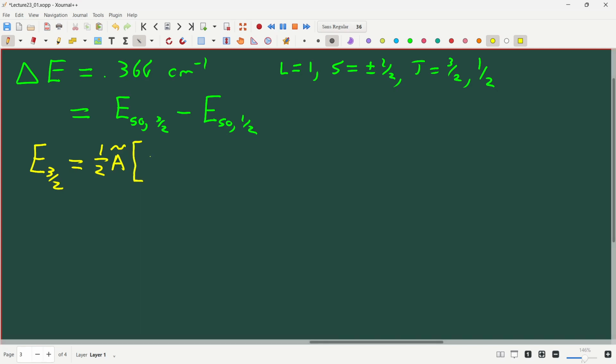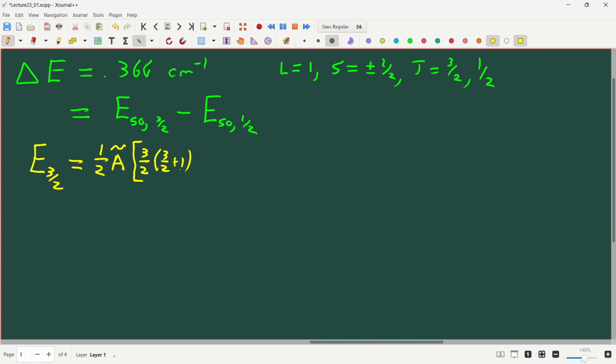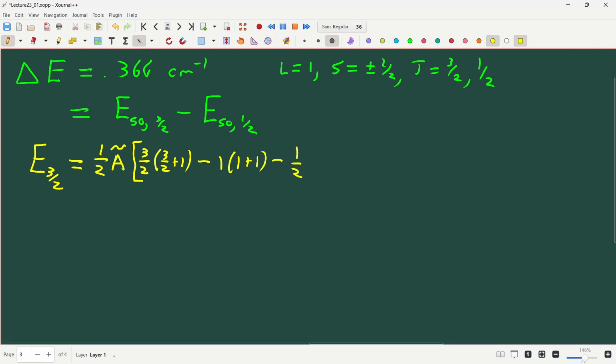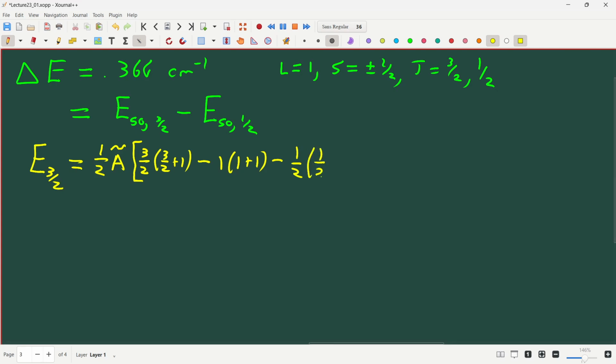And this number comes out to, first we put in J. It's J times J plus 1, minus L times L plus 1, minus S times S plus 1. So we have 3/2 times 3/2 plus 1. Now we do L times L plus 1. That's 1 times 1 plus 1. And now we do S. That's 1/2 times 1/2 plus 1.